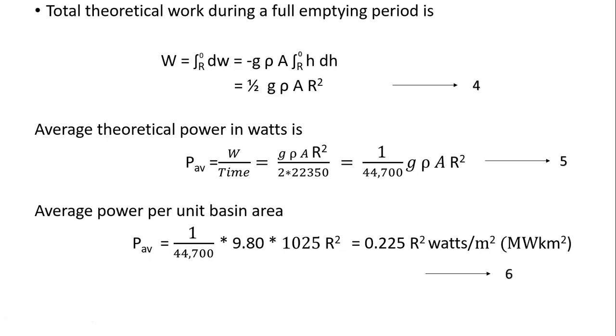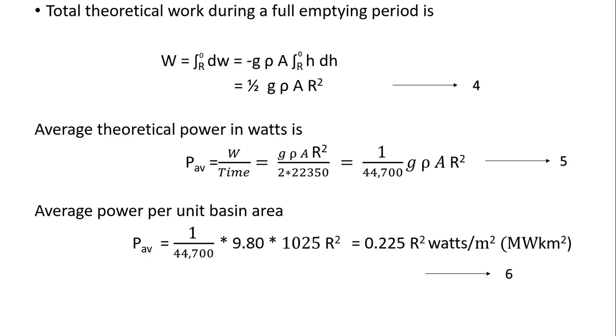The average theoretical power is obtained when we divide this W by the total time it takes for the cycle to repeat itself. The time is 6 hours 12.5 minutes, as shown in the earlier figures, which can be written as 22,350 seconds.